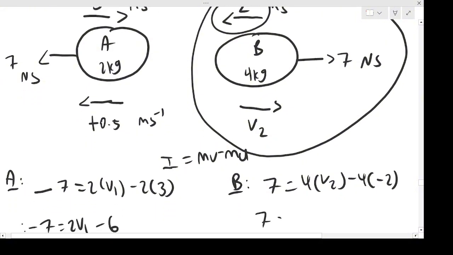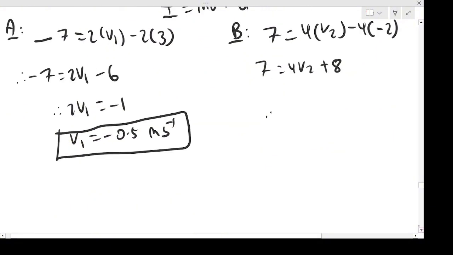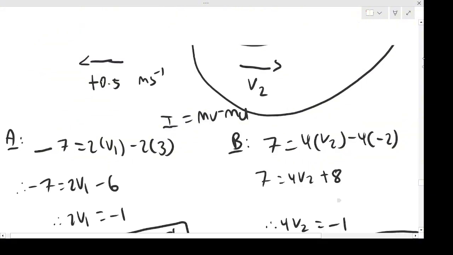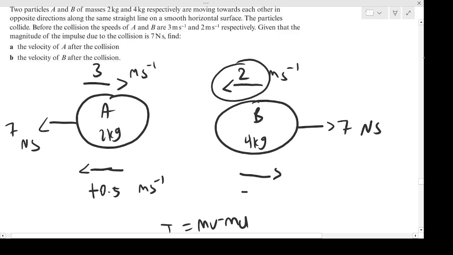So then we get 7 to be 4v2, take away 4 times minus 2 is plus 8, okay, double negative. Then I can solve this for v2, so 4v2, subtract 8, I'll get minus 1. So v2 divided by 4, I get minus 0.25. And once again, I have a negative answer. So again, what does that tell me? My velocity is negative. So I need to reverse the direction.